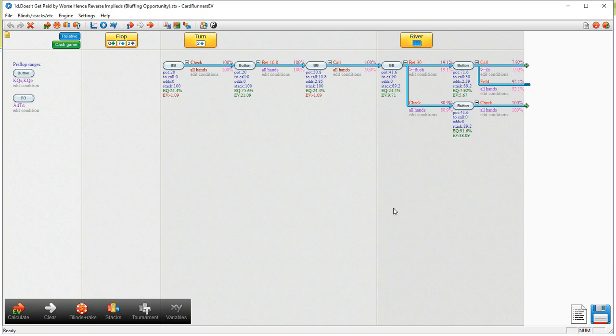Now although we're out of position in this model, we can also think of this as representing a spot where maybe we call in position, our opponent checks to us on the river. We're just representing it in a rather backwards way. But the point is, let's say we have way too much fold equity on the river, even though we're probably not going to get a big payout when we hit. What we can do is just remove the checking option.